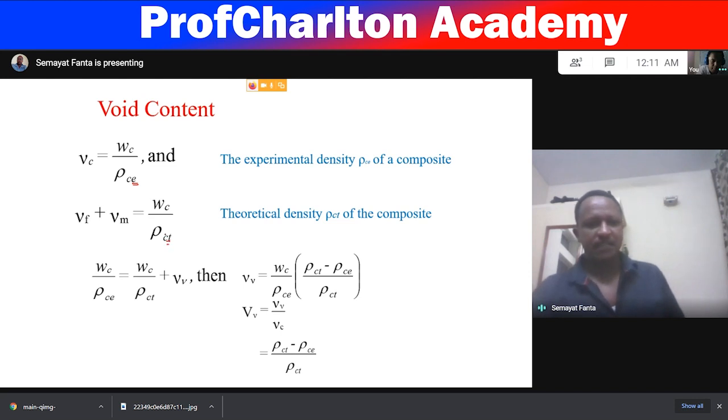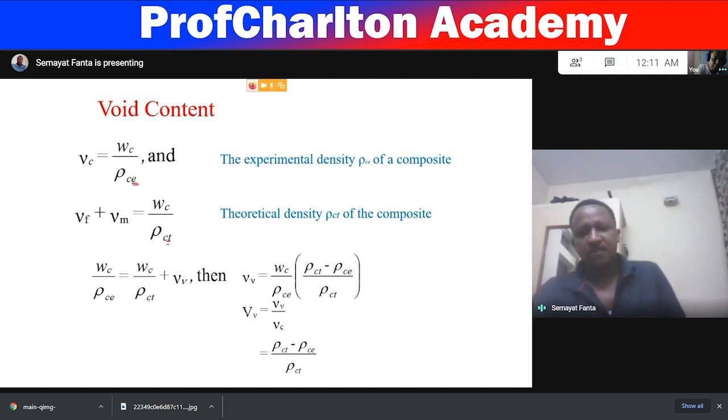So the subscripts E and T indicate the experimental and theoretical density of the composite. The weight of composite over the experimental density is equal to the weight of composite over the theoretical density plus the void volume.